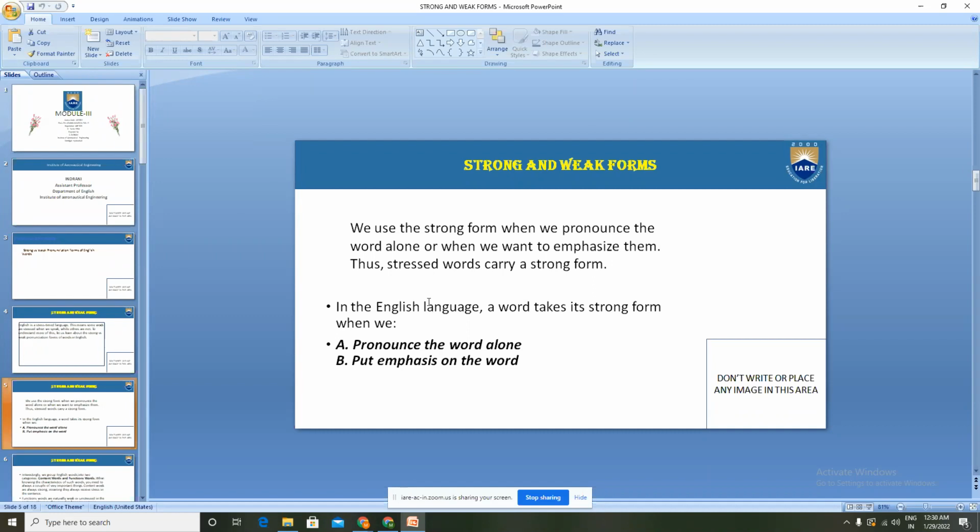If they are pronounced separately, we put force, but if they are in a sentence, we weaken them.